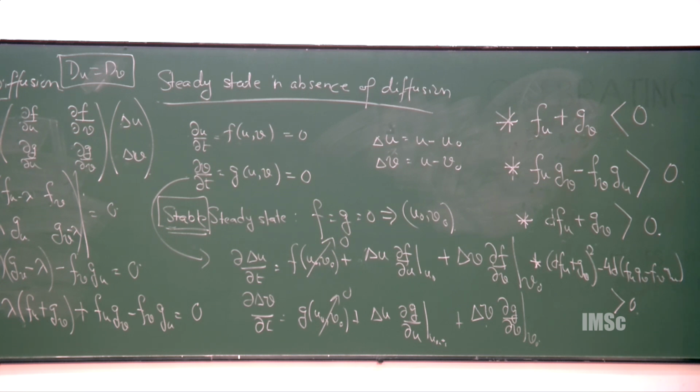Generally, if you look at the numerical solutions, you need a fair bit of difference between these diffusion coefficients before you start getting any wavelengths that are unstable.